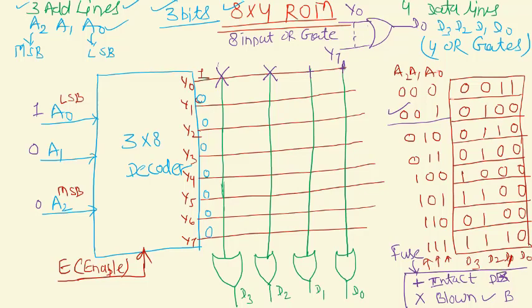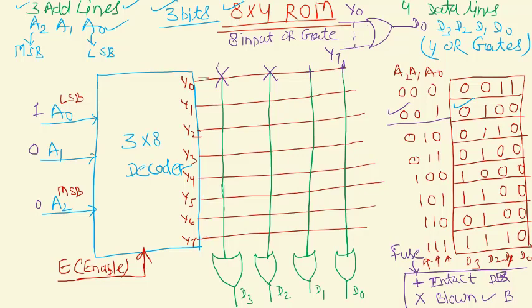Then again, which memory location will be selected? This memory location will be selected. It means at the Y1 there will be 1, and for the rest output lines there will be 0.